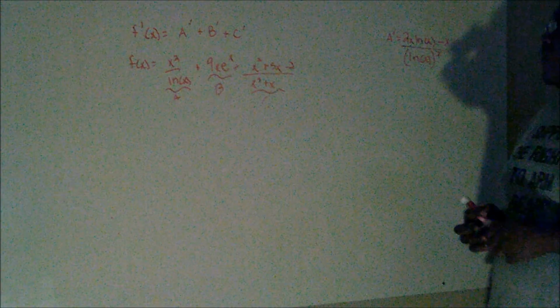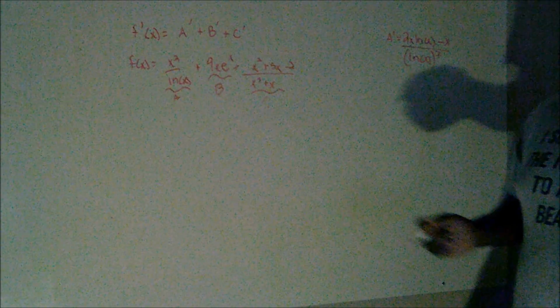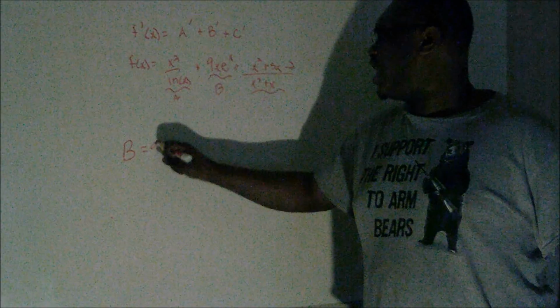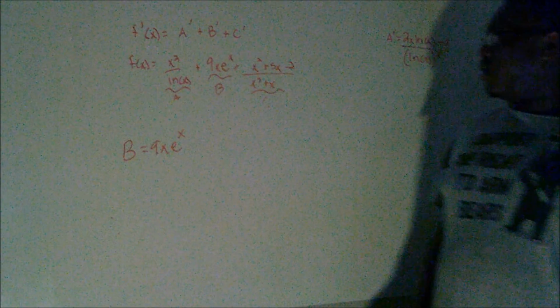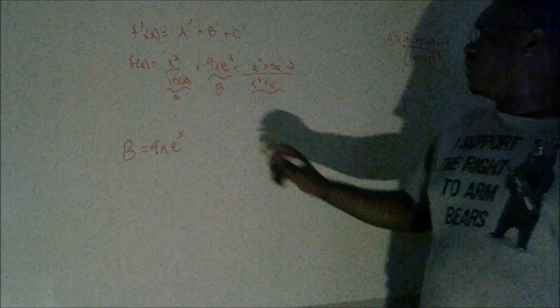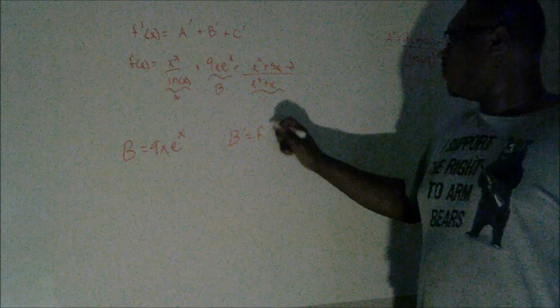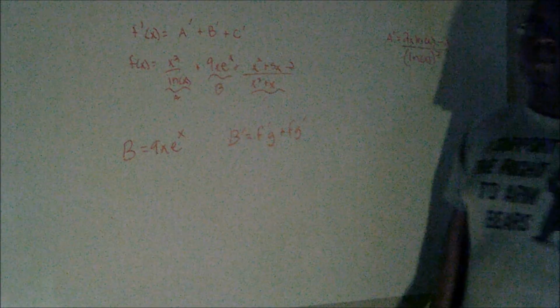And we're going to go ahead and look at b now. So we have this b term where we say b is equal to 9x e to the x. We look at it and we say, oh look, it's two functions multiplied together. That's our product rule. And if you remember, we said our product rule is equal to f prime g plus f g prime.